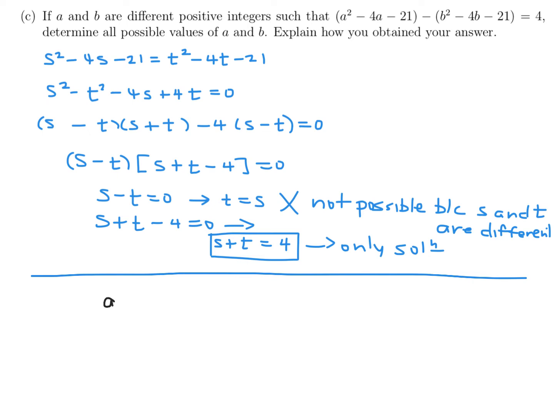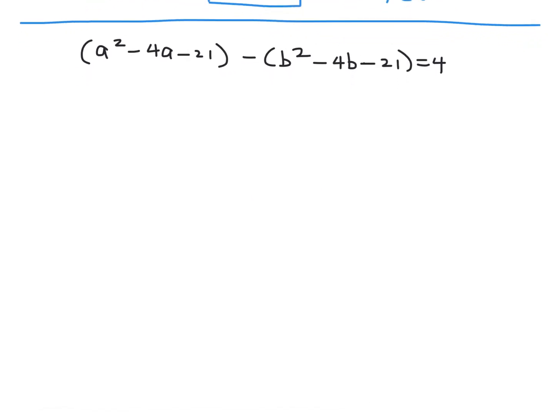So I have this time a squared minus 4a minus 21, and then I've got to subtract b squared minus 4b minus 21, and that is equal to 4. And then I've got to come up with integer solutions, right? Because they're both positive integers. So not only are they integers, but they're positive. So that is my criteria, positive integer solutions to that equation.